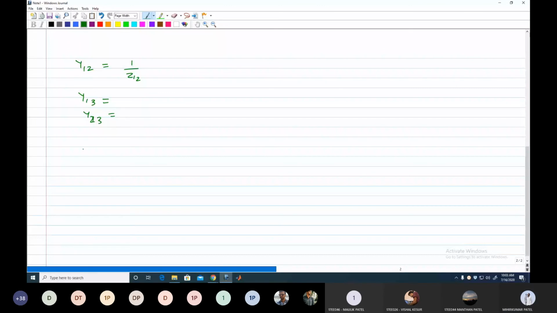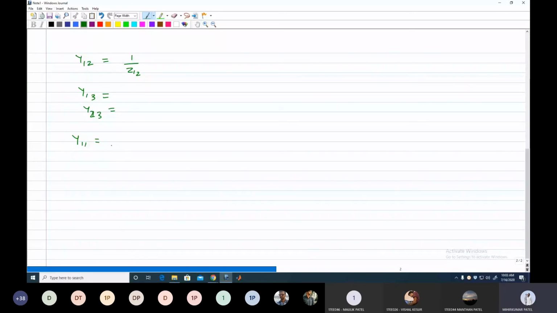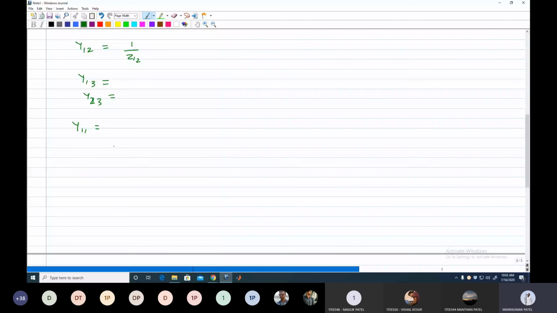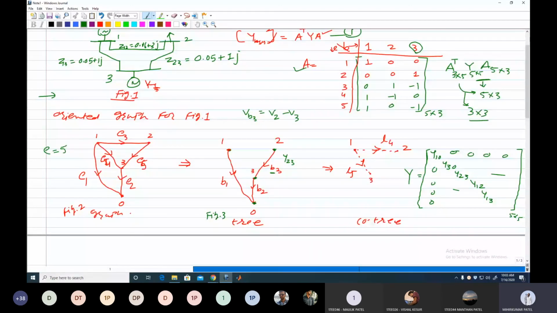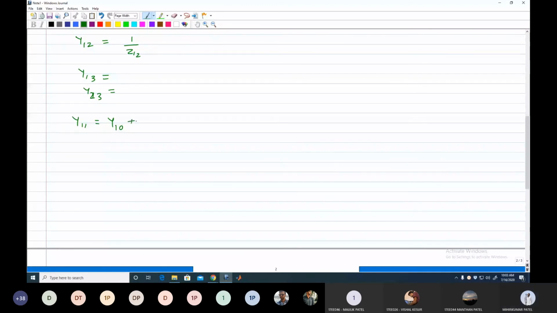Clear? Similarly, you have to calculate y11. What is the value of y11? Plus whatever you will get in this final matrix. Clear? So y11 is equal to y10, 12 and 13.